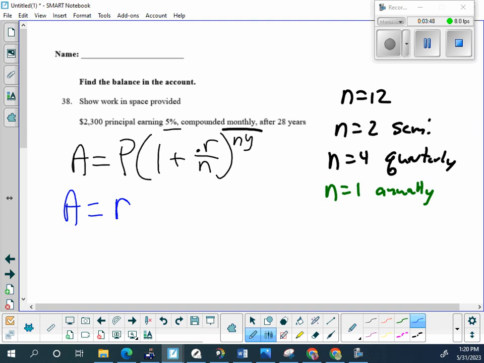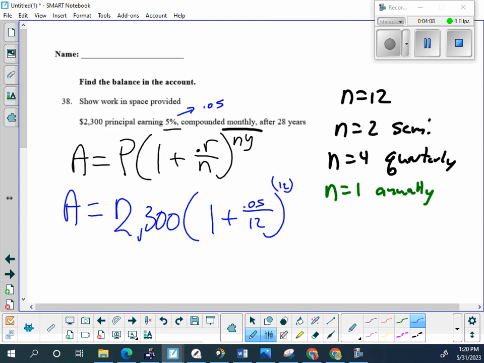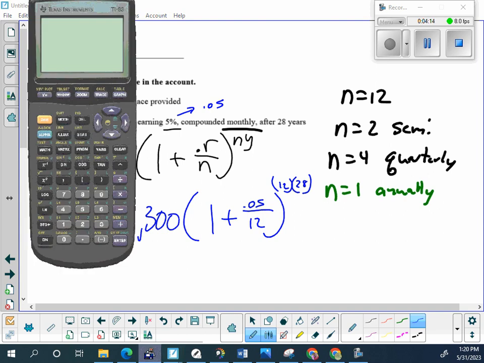Again, showing the work, 2,300 times 1 plus r as a decimal is 0.05, be careful, 0.05 over n, which is monthly, so n is 12, to the n times y, n is 12 times the years, 28. You're going to do this on your calculator and get your answer.